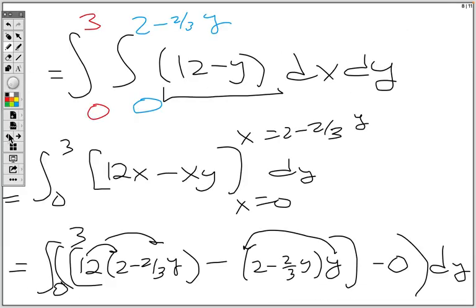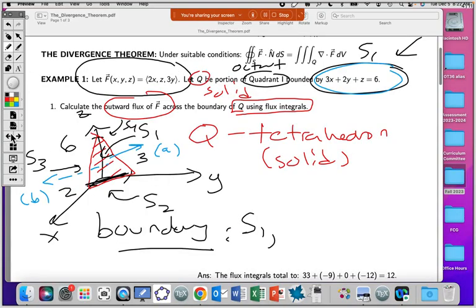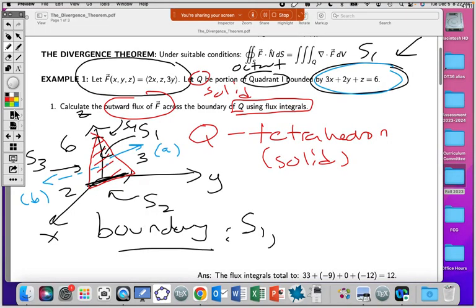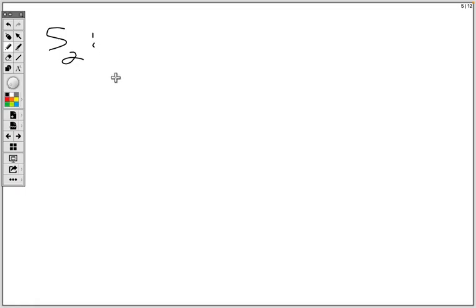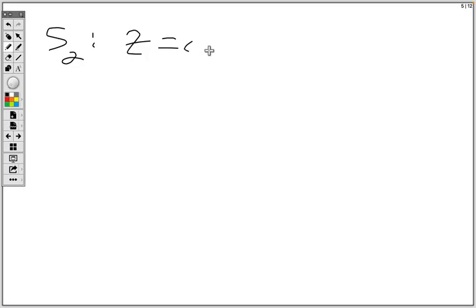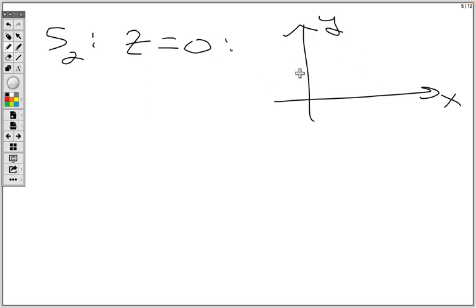So let's go back. What did we call it? I called S2 the bottom. So let's look at S2. How would you describe S2? S2 is the xy plane. What's the equation of the xy plane? Yeah, z equals 0. So S2 is z equals 0, but it's the part of z equals 0 that was the region over which we integrated last time.